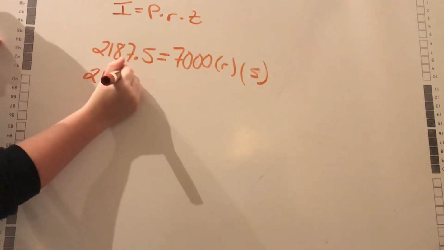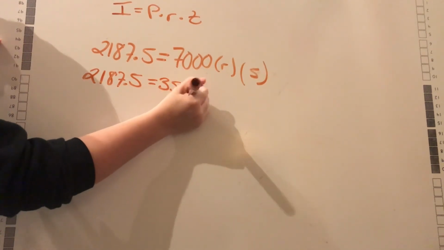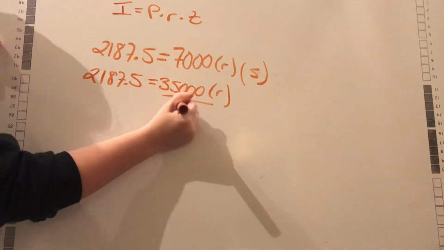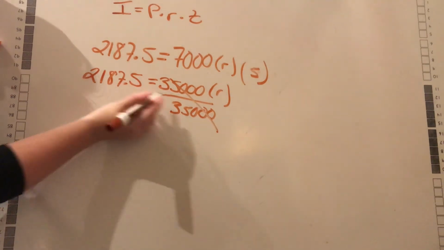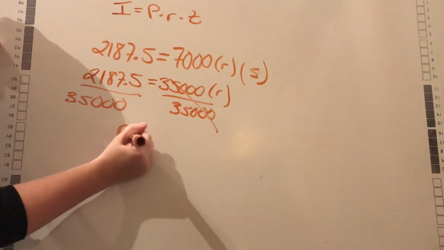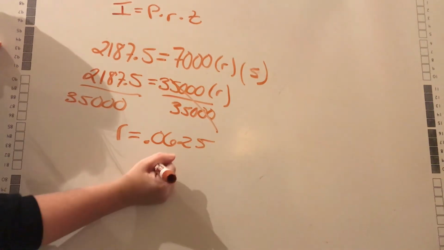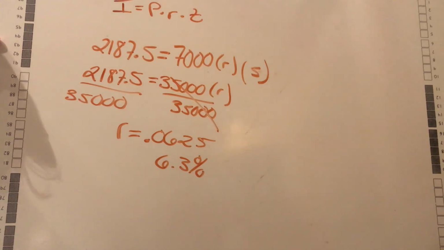So 2187.5 equals 35,000 times R. And we'll divide this side by 35,000. And we will find out that R equals 0.0625 or 6.3%. Or I guess you could do 6.25%. The book says 6.25.